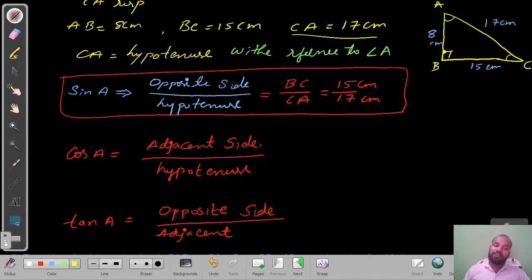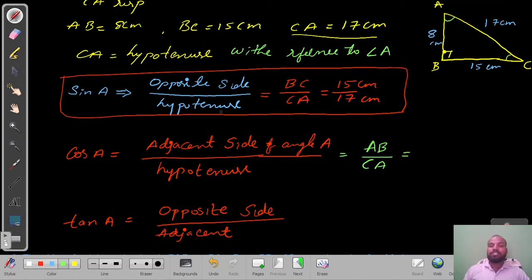Here, we have to mention adjacent side of angle A. If you mention it like this, it is very clear. Here also we have to mention opposite side of angle A. Now what is the adjacent side of angle A? Adjacent side is AB, by hypotenuse CA.